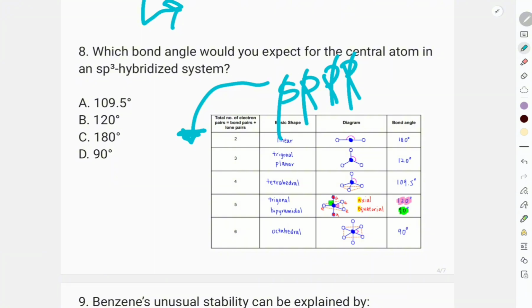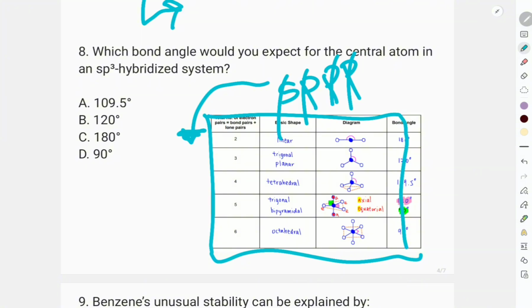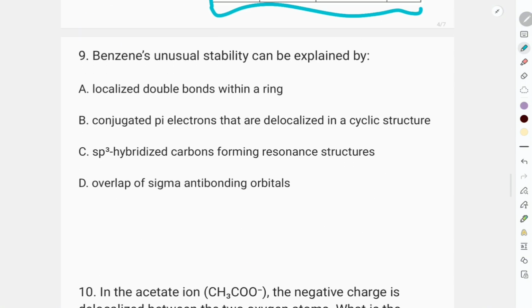And if I use the VSEPR theory diagram, I can tell that would make the shape tetrahedral, and that would make the bond angle 109.5, making it A. Okay, great.